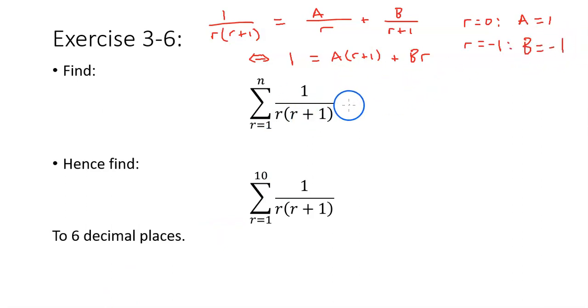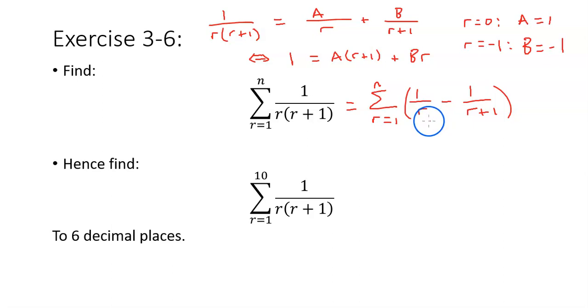And so that is very convenient, because then this is the sum from r equals 1 to n of 1 divided by r minus 1 divided by r plus 1. And clearly that's of the form f(r) minus f(r plus 1), where we take f(r) to be the function 1 divided by r.